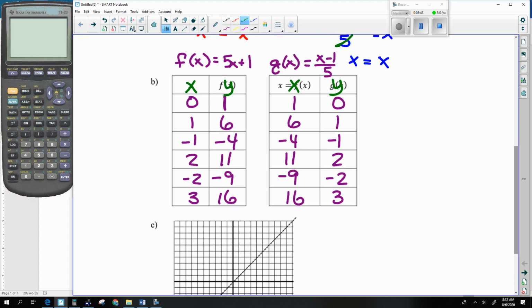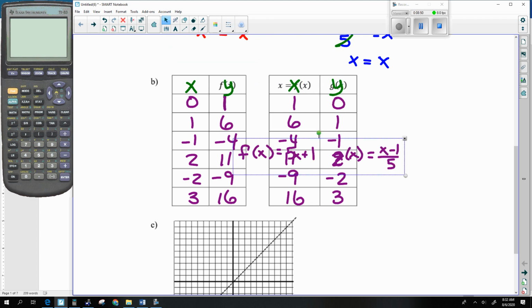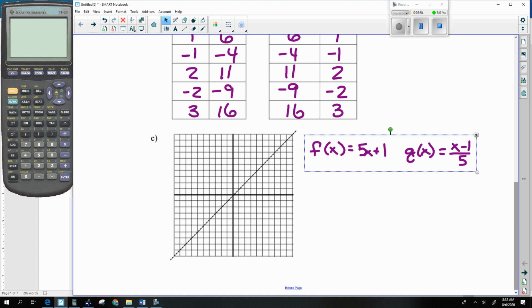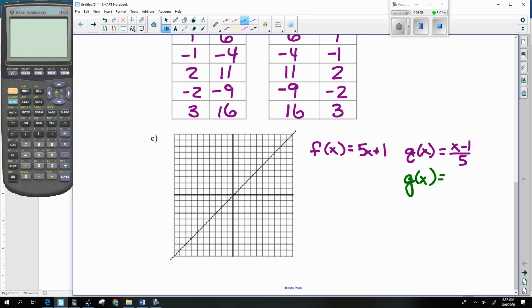Okay, last but not least, we want to graph and show that they are inverses via a graph. And so what that implies is it'll be symmetrical about this dashed line. I'm going to write this g of x into something that I can maybe understand just a little bit more.